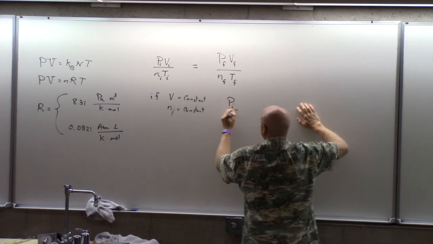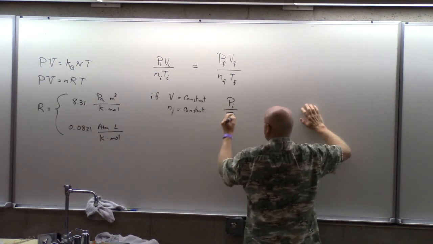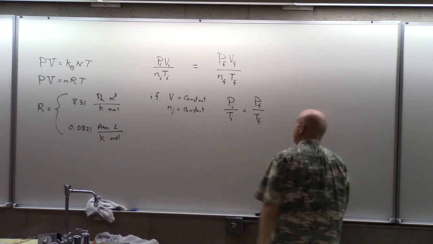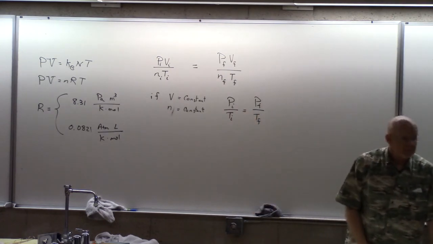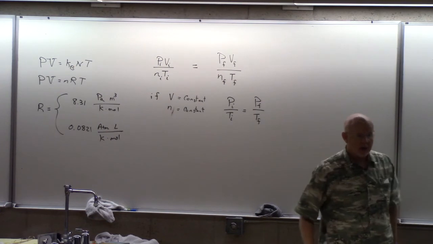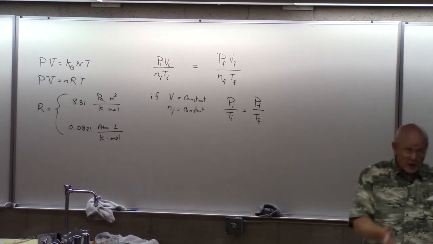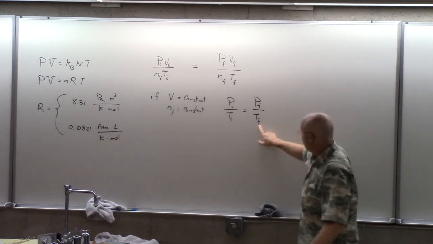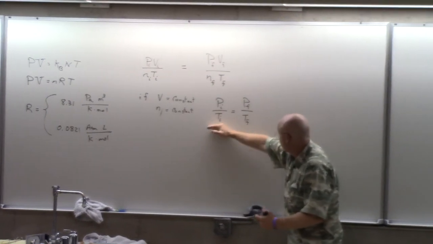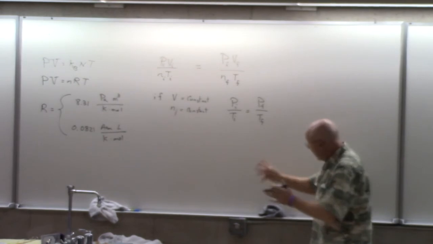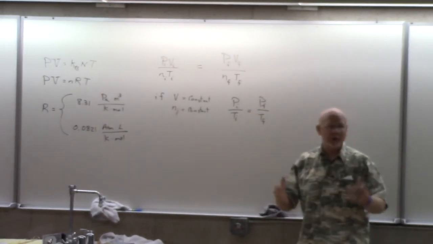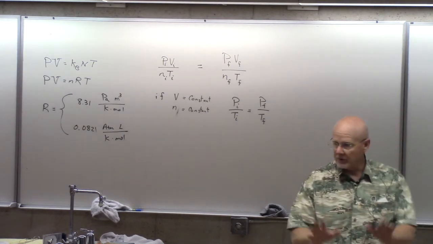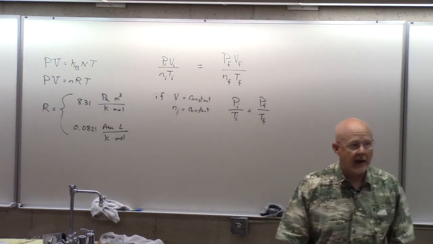I would have initial pressure over initial temperature must equal final pressure over final temperature. And that's what I just did. What I did was warm up, and so the final temperature went up. I went from some initial to some final. This went up. And then according to the math, the pressure should go up by the same proportion. And of course, I didn't measure anything more accurate. That's what the lab was for, but I think you saw that.